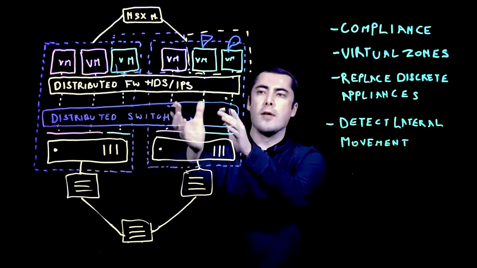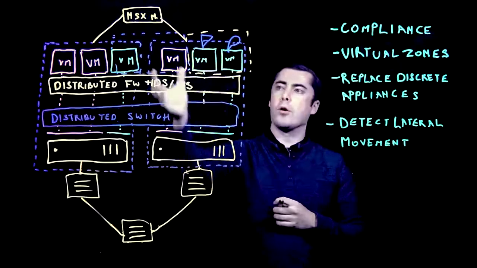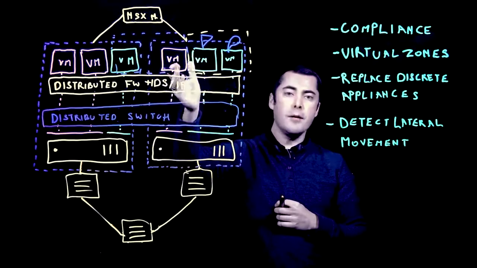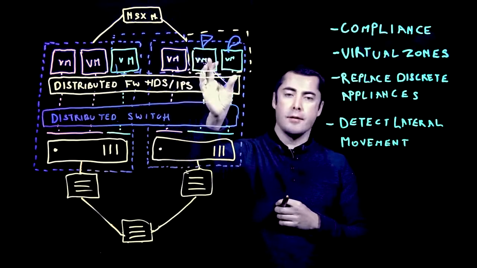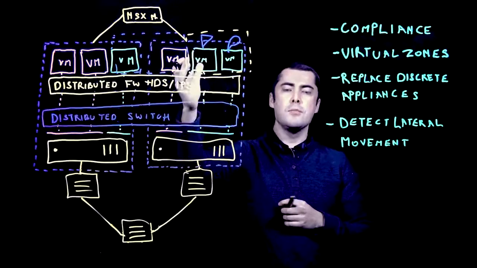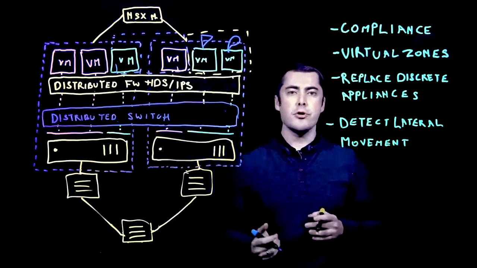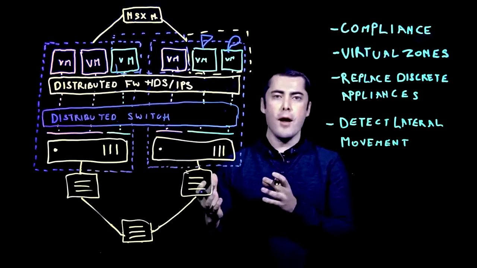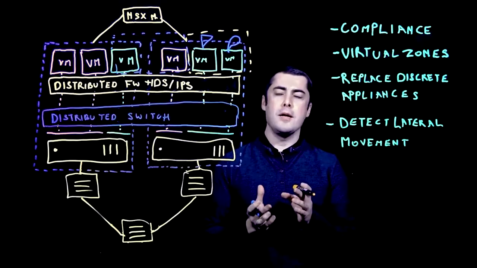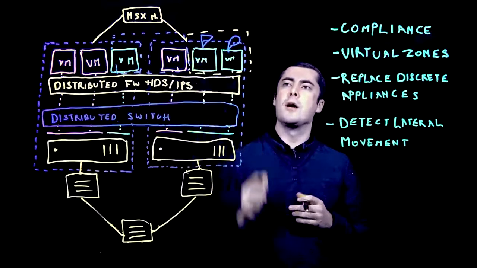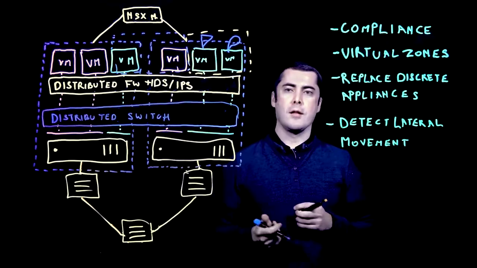You can run workloads that belong in production and workloads that are deployed in a development environment, or workloads that belong to different tenants or DMZ and non-DMZ, on the same physical infrastructure. And then you can use the distributed firewall and the distributed IDS IPS in order to achieve that same isolation that you would have with physical air gapping.